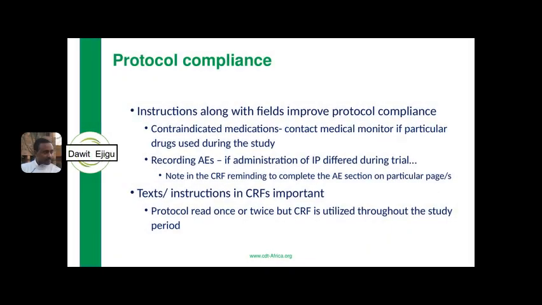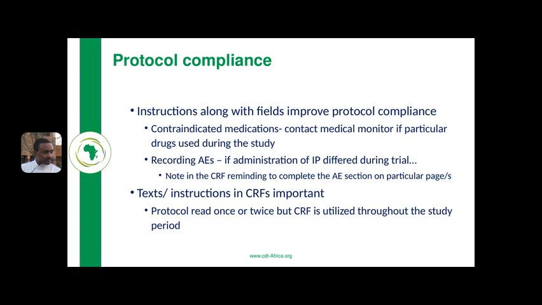When we design CRFs, we need also to consider protocol compliance. To that effect, we need to put instructions along with the fields in the CRF to improve protocol compliance. For example, if contraindicated medications are used, then we have to indicate in the CRF that the medical monitors have to be contacted if particular drugs are used during the study.